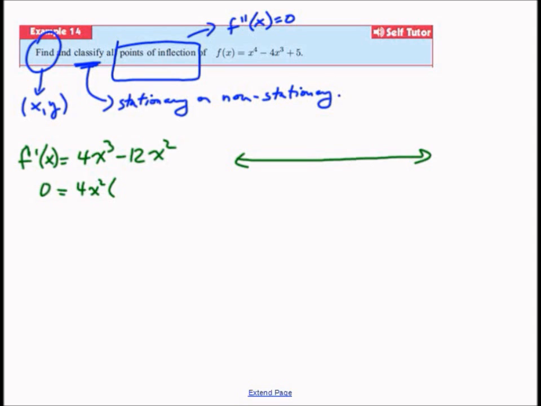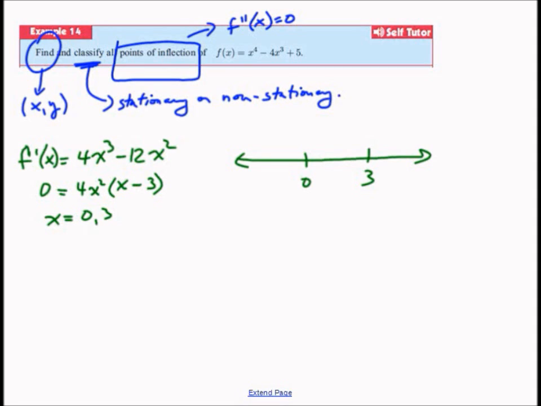So we're setting this equal to 0 to find the zeros. And the zeros are 0 and 3. We could place some values in there.